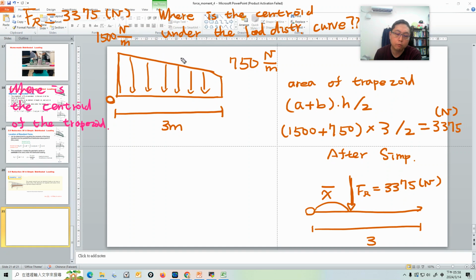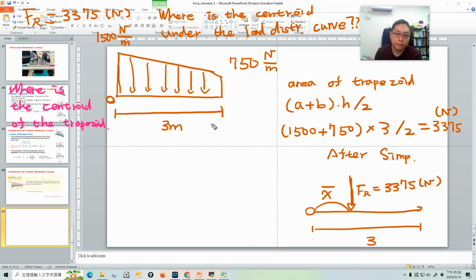In the previous video we introduced the centroid of a rectangle and the centroid of a right triangle. We know where the centroid of a rectangle and a right triangle is. For the trapezoid, of course, if you look it up on the website or Google, you can find a centroid formula, but I think that's very hard to remember.